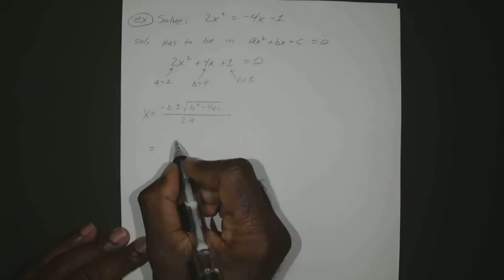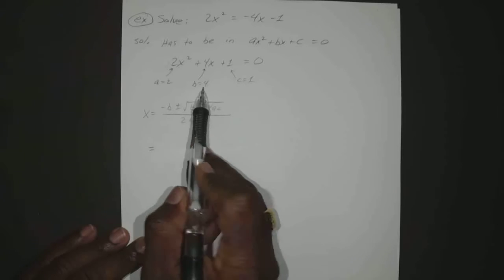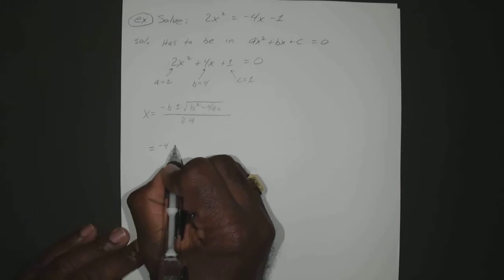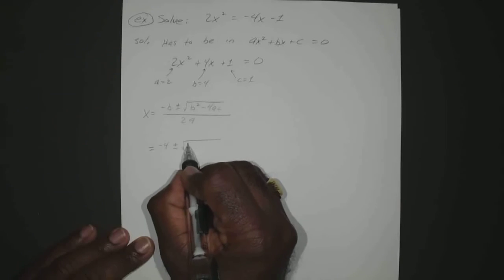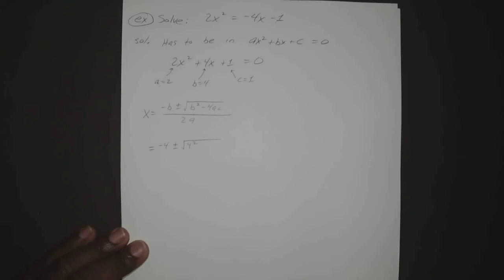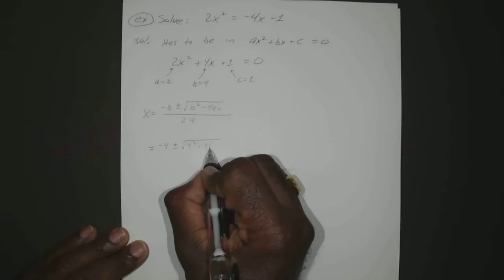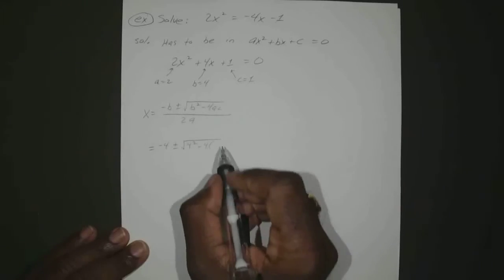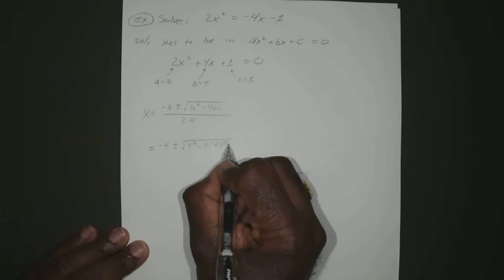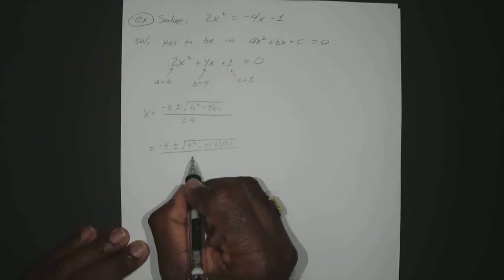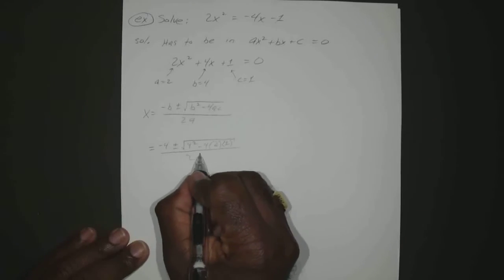Okay, so that's going to equal negative b, so that's negative 4, plus or minus the square root of 4 squared minus 4 times a, which is 2, times c, which is 1, all over 2 times a, which is 2 times 2.